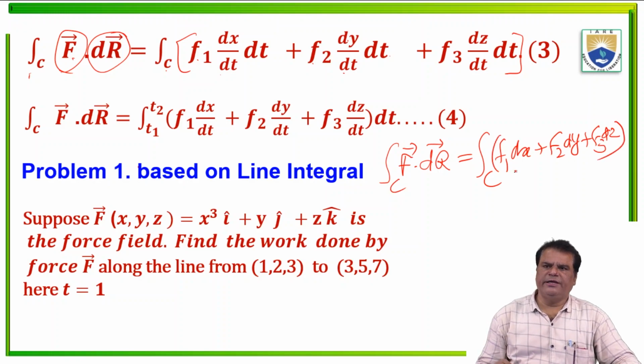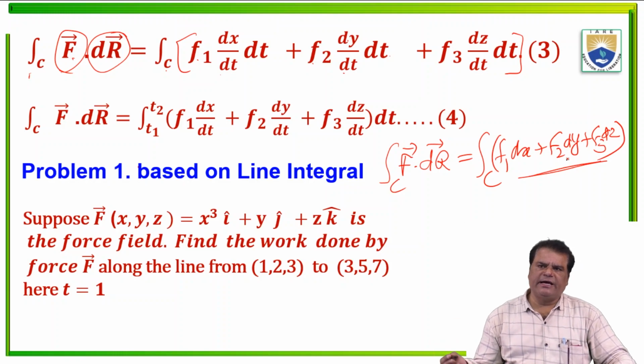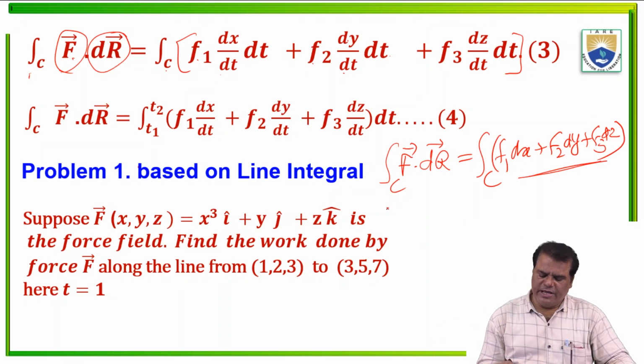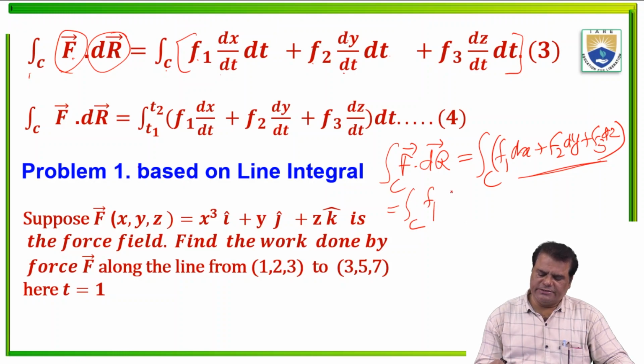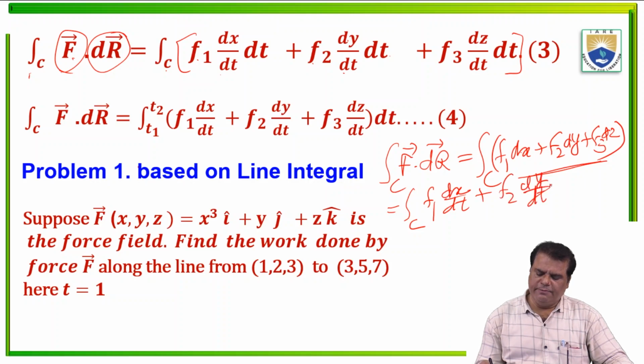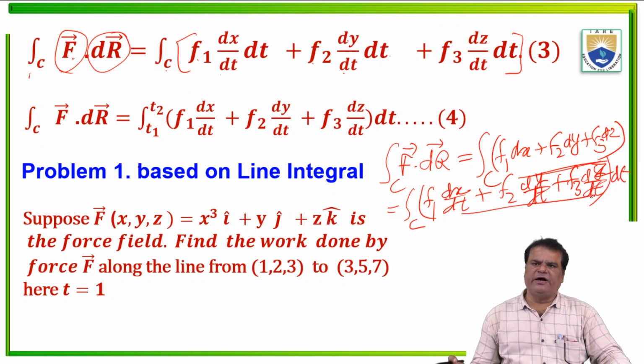This is the formula we apply in case 1. If x, y, z are in parametric form, then we apply f1 dx/dt + f2 dy/dt + f3 dz/dt, multiplied by dt. So this is the second formula.